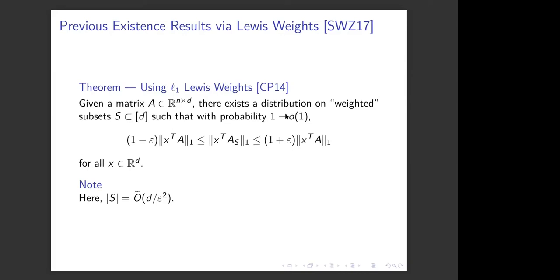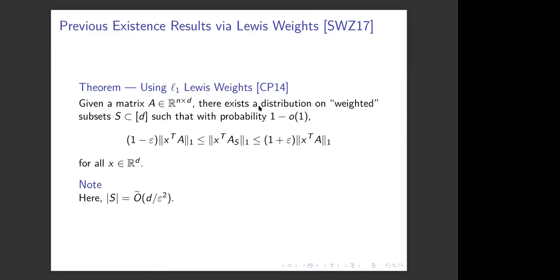Given a matrix, you can sample a subset of columns of A and then reweight those columns appropriately. Now when you multiply this reweighted subset by any row vector, the norm is approximately the same as if you multiplied the original matrix by that row vector. So already you can see that this subset is appropriate for L1.